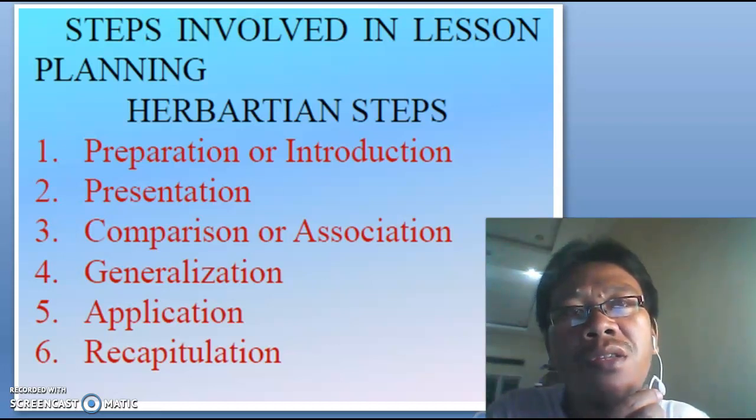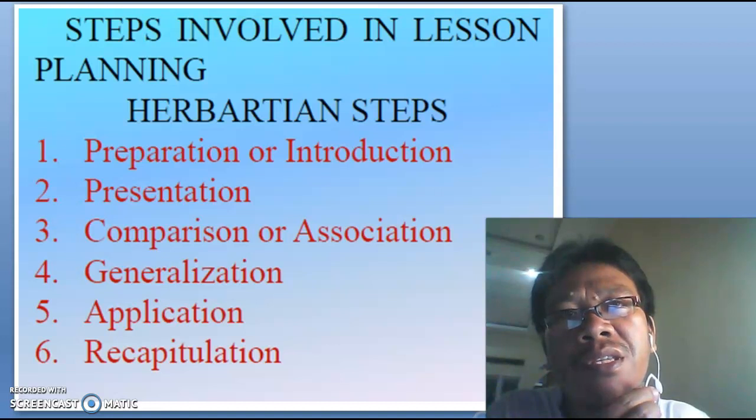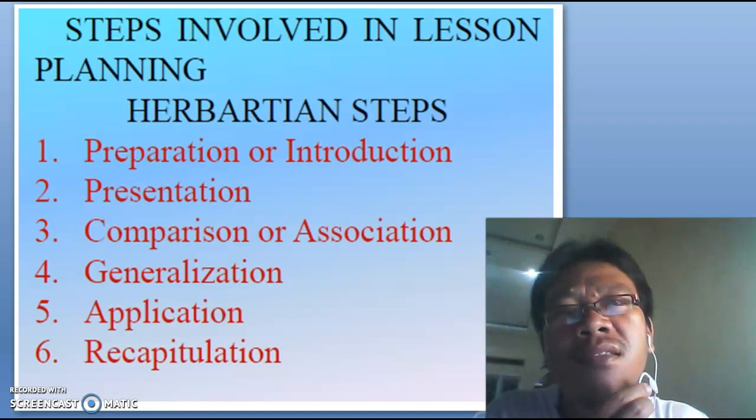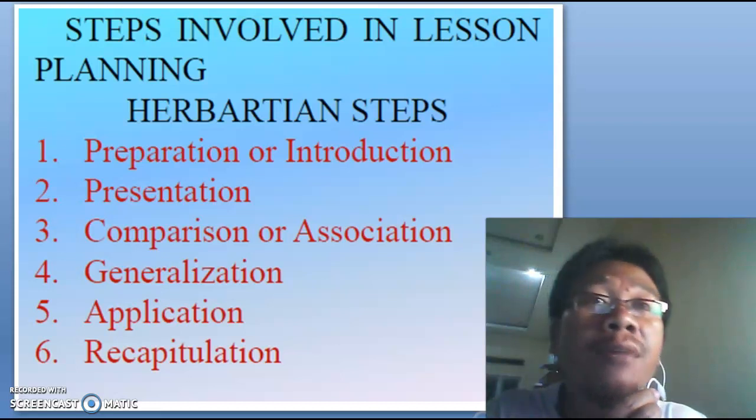Because the whole knowledge learned in preparation is to be systematized, which leads to generalization, formulae, rules, etc., through comparison or association.